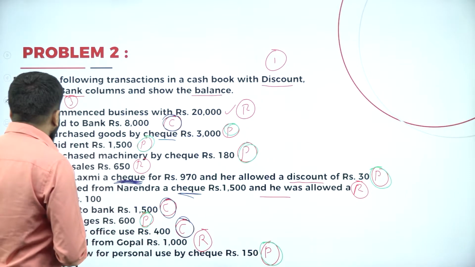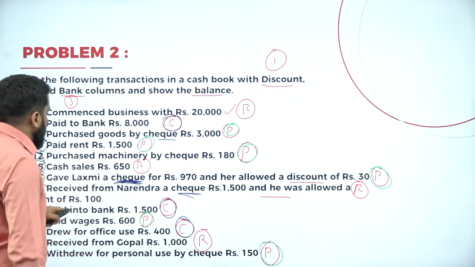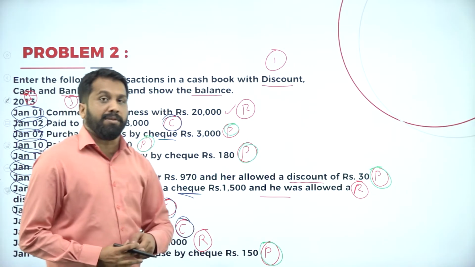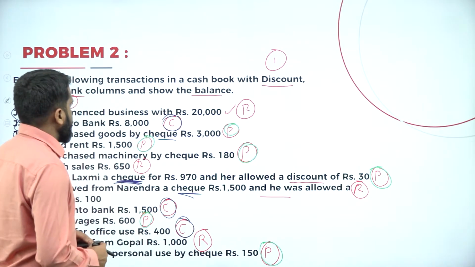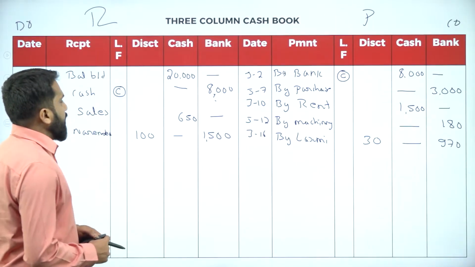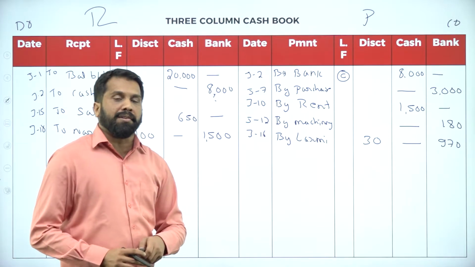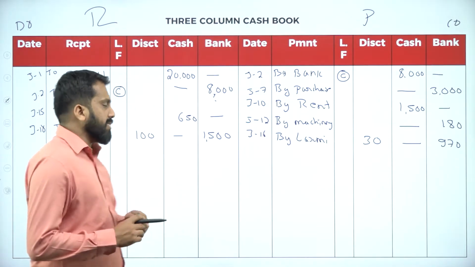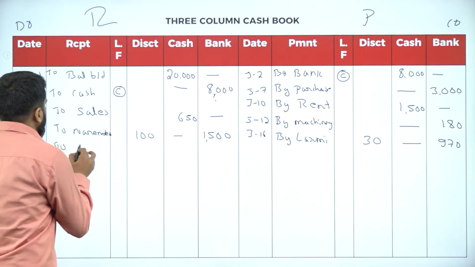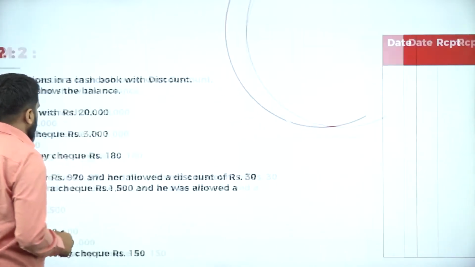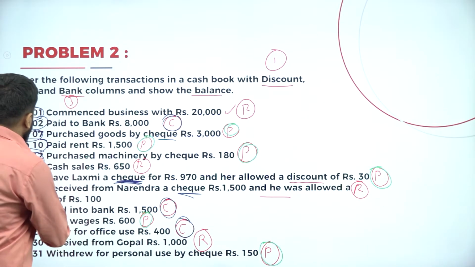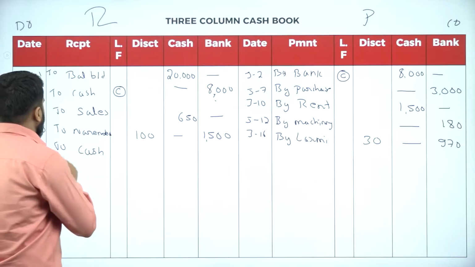Now, January 20th, paid into bank 1500. Paid into bank, again it is what? Contra. Who is the receiver? Bank is the receiver. Again, to cash. What is the date? It is 20th, 1500.